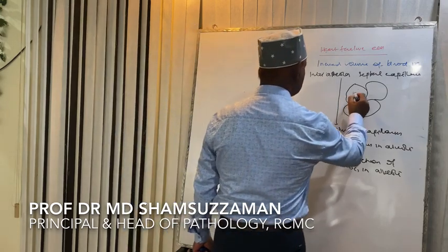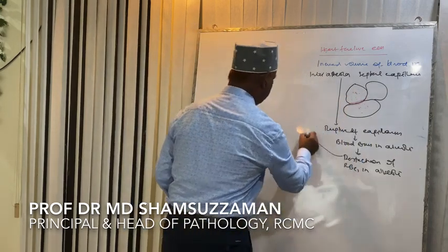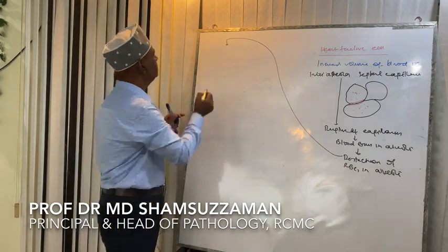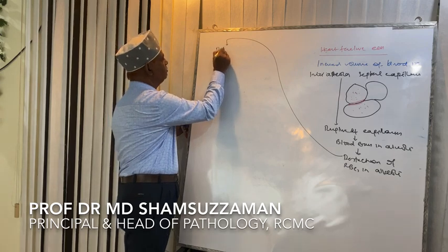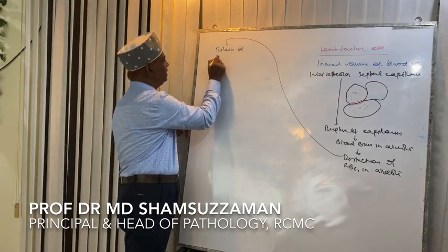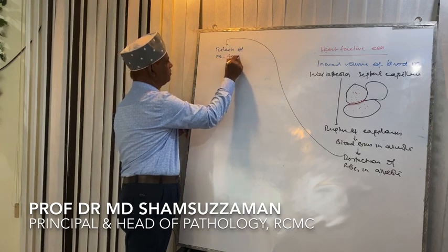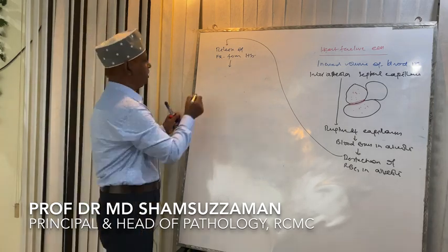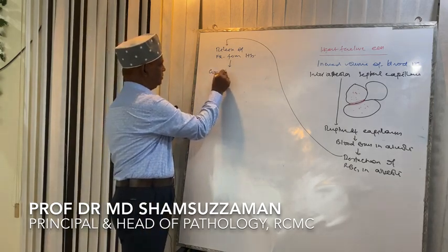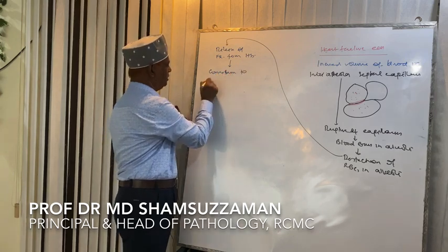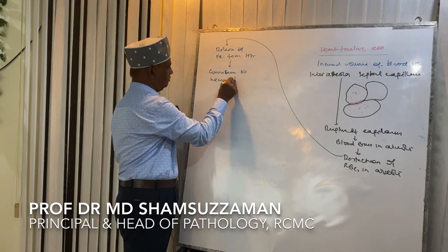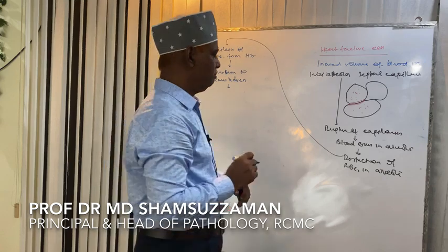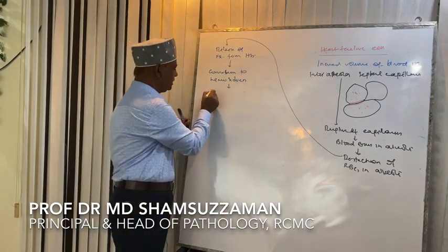As there is destruction of the RBCs within the alveoli, what will happen? There will be release of iron from hemoglobin, and this iron is converted to hemosiderin. This hemosiderin is engulfed by alveolar macrophages.